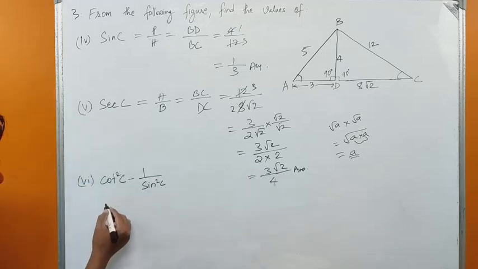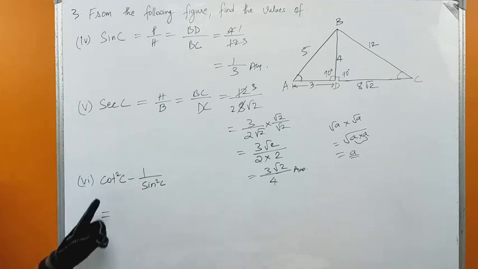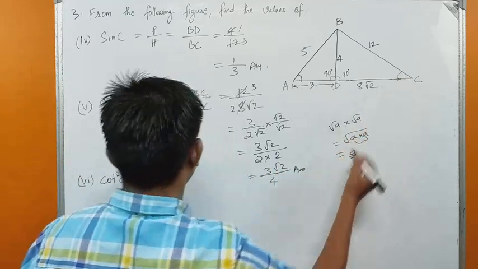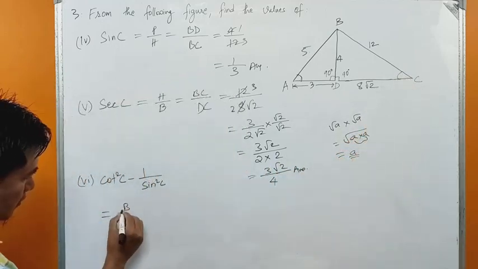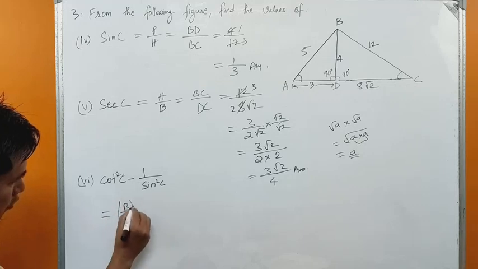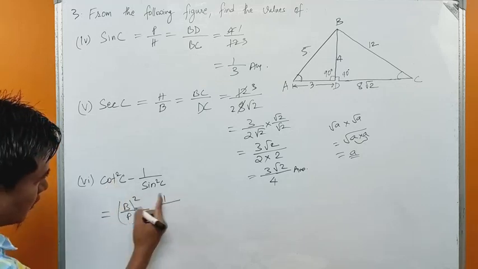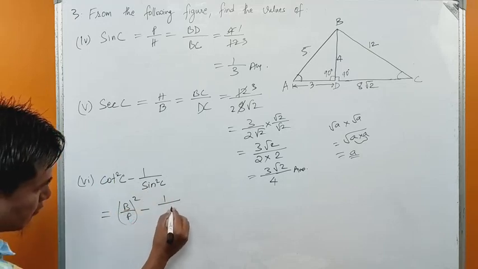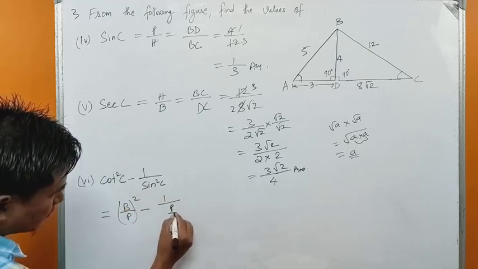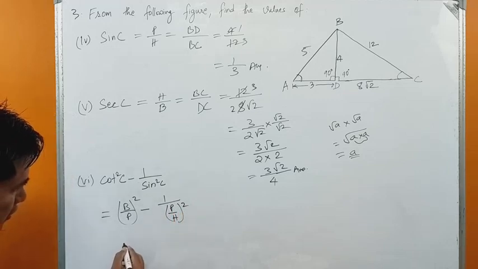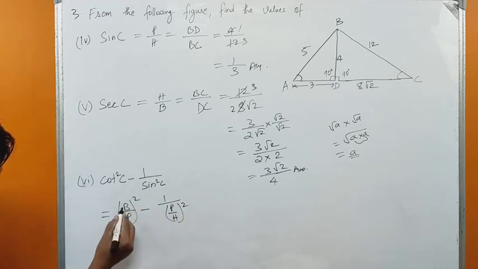Now let us find the value of cot square C. What is cot square C? Cot theta means, we are talking about this angle, base upon perpendicular whole squared, minus 1 upon sin theta, which is perpendicular upon hypotenuse squared. So this gives us b upon p.